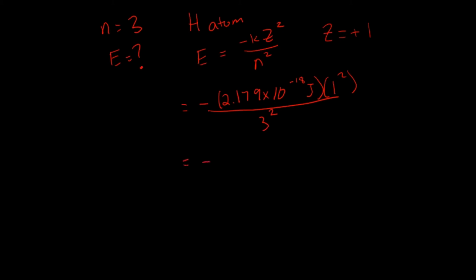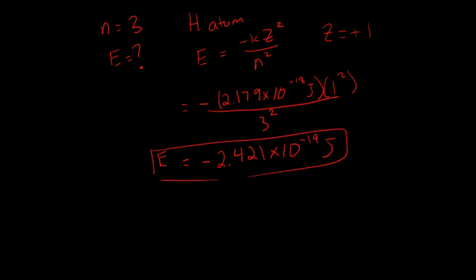So you get -2.421 times 10 to the -19th joules. All right, so I just wanted to show that quick example and that equation as well.